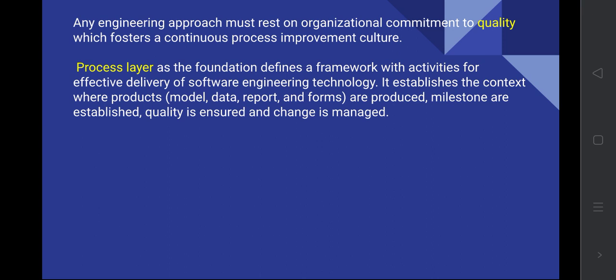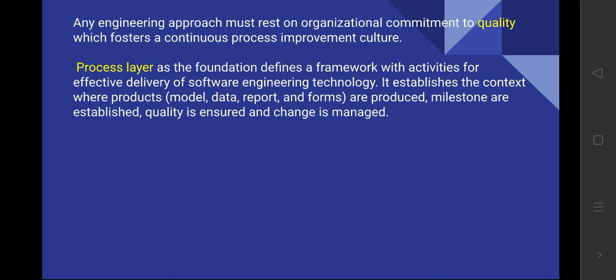It establishes the context of how the model can be developed, how the data can be produced, what the format of the report is, and what the format of the input, which is the forms, is. Milestones are established when you are aiming at any goal. We have to establish the milestones.